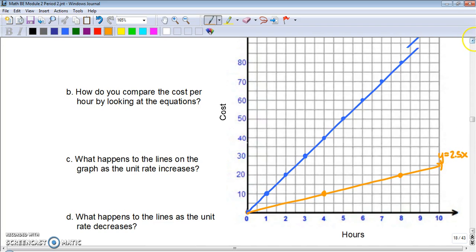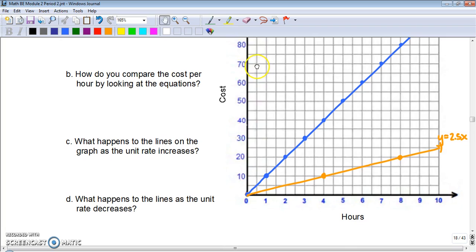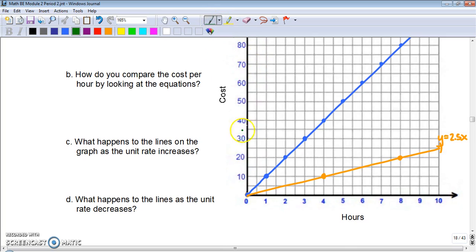Okay, we've got 2 more to go, and you're going to graph the last one on your own. So then there was also one for paintball. Paintball also went through the origin, and paintball for 3 hours cost $75.